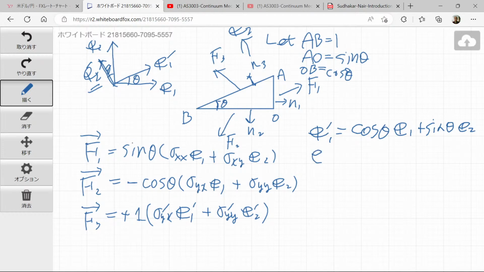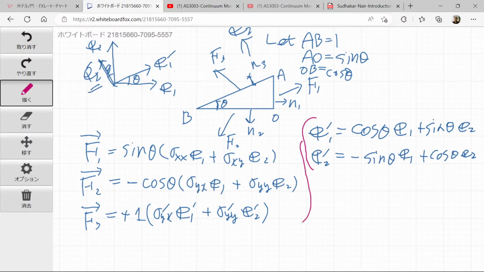And e2 prime is minus sine theta e1 plus cosine theta e2. Yeah, so we have to put this expression here.